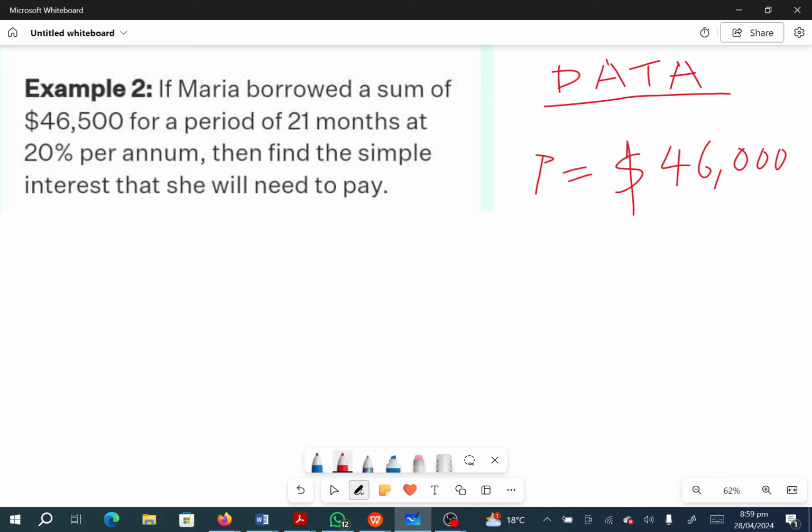Then we have our time in terms of period, it is 21 months. So then we say 21 over 12. In a year, there are 12 months. So what are we getting? We are getting 1.75.